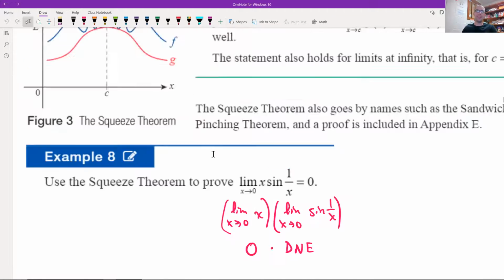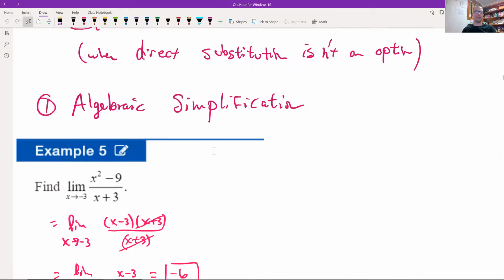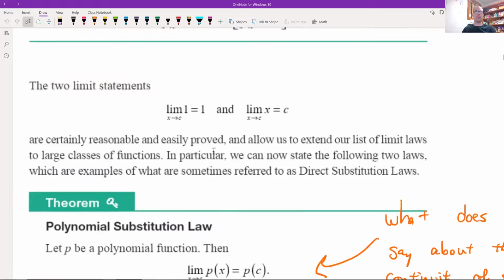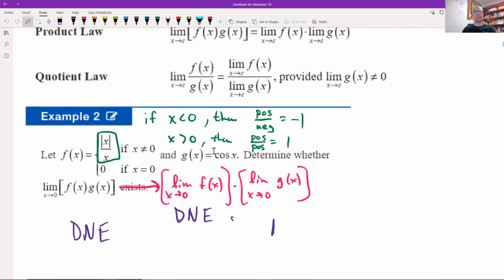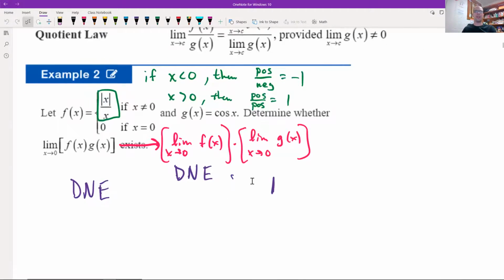In the case that we looked up here, where we were looking at a product, we were multiplying it times 1, and there's no way for 1 to fix things and squash something that doesn't exist down to 0.